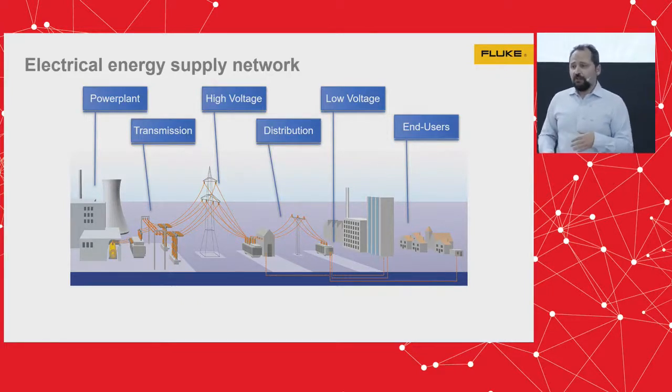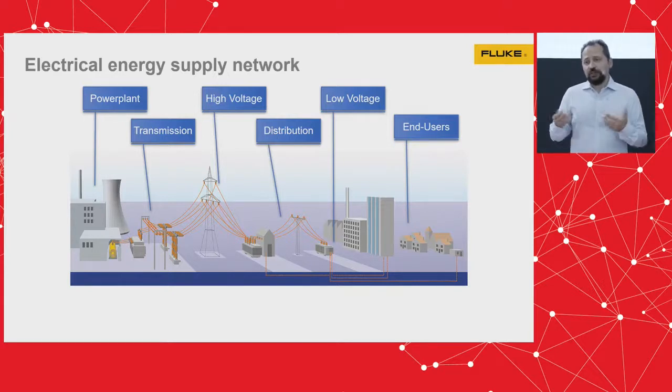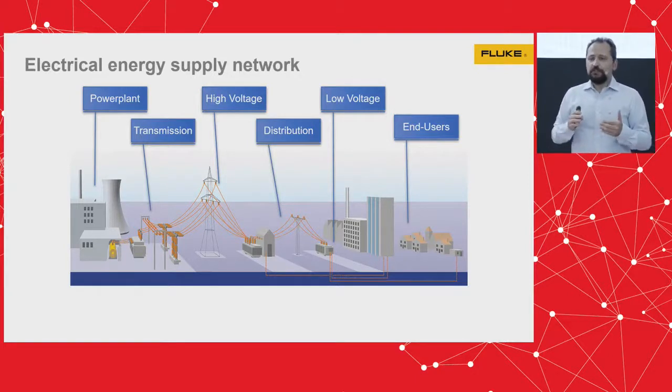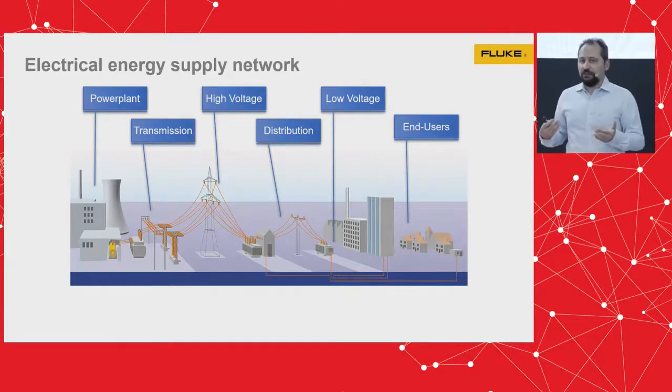The end user is the one that will be consuming that energy and drawing current from the system. So the quality of the voltage that needs to be delivered to the end user needs to be maintained regardless of the current that is being drawn by the end user.